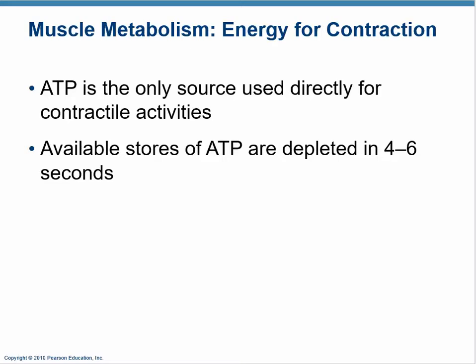Six seconds of contraction, and that muscle cell runs out of ATP. Now, that doesn't mean that the whole muscle runs out of ATP, because you are not recruiting all of the motor units, so you're not firing all of the available muscle cells at the same time. But each muscle cell can only last 4 to 6 seconds under its stored ATP.